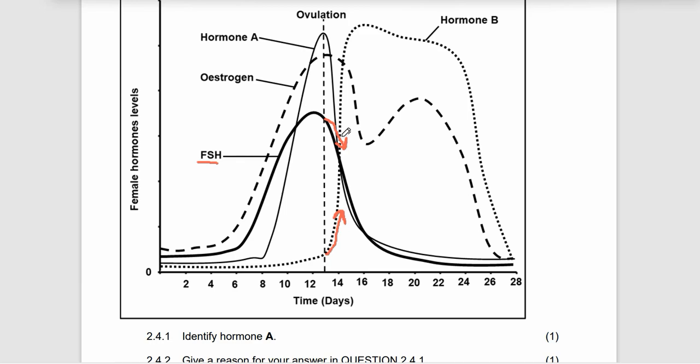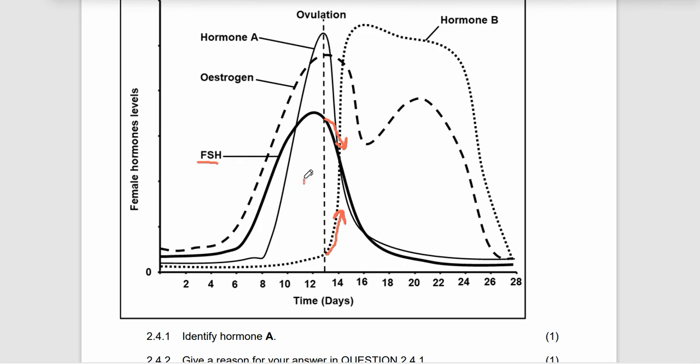So the FSH is inhibited to stop ovulation as well as the development of a new follicle during pregnancy, and that is why during pregnancy you don't find women going through menstruation. That's how it goes.